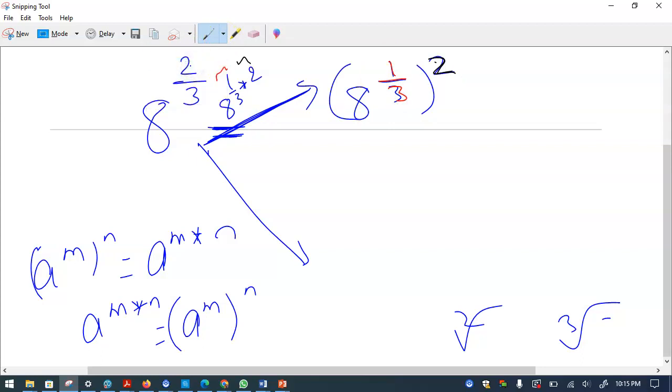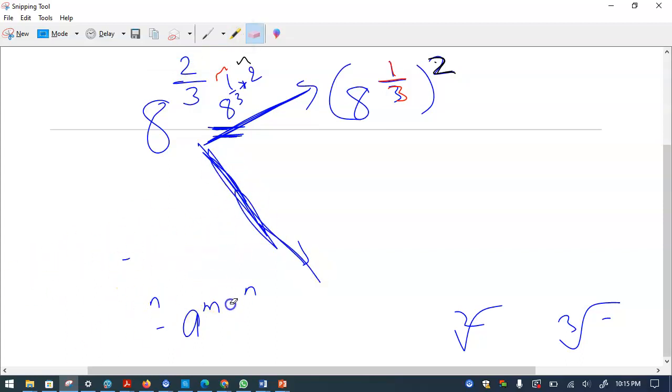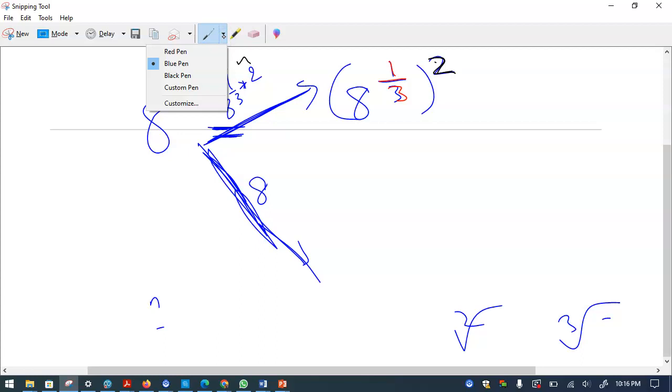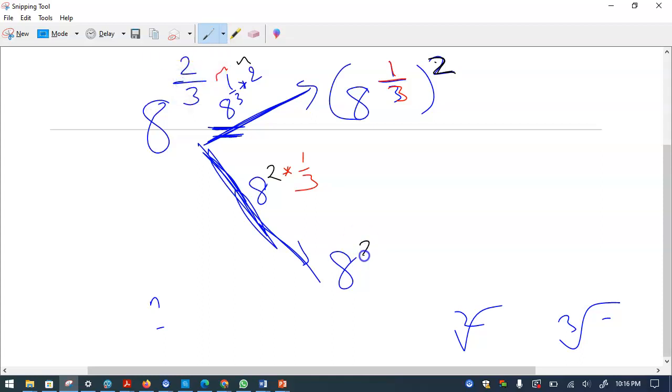Another way to write this is, you write the 8 exactly the same and write down the 2 inside, so the black 2 is written inside, and then I multiply by the red, which I can write as 8 with the black 2 staying inside, and then I put the red one outside.